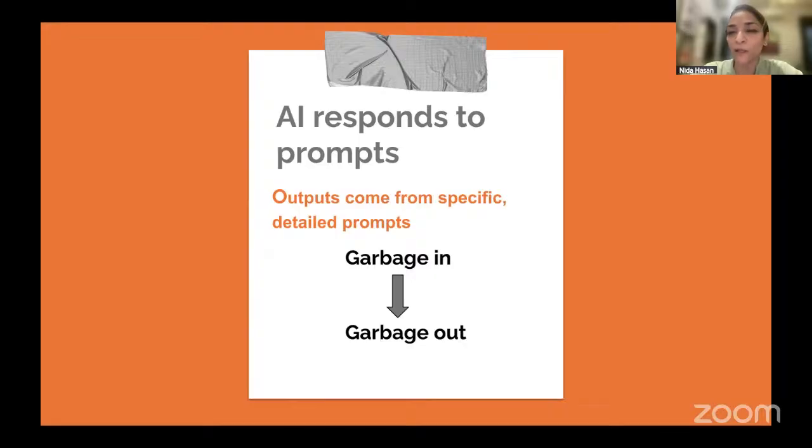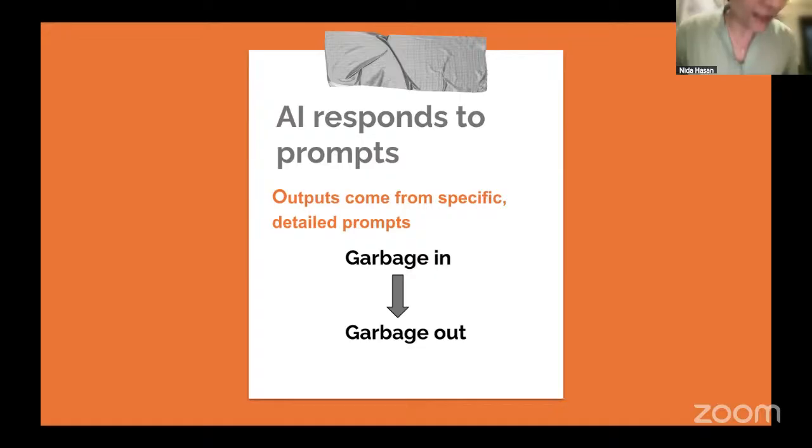It's the same concept: garbage in, garbage out. So we need to train our prompts. We have to give prompts that are so specific that they result in a lesson plan which is specific to our needs.